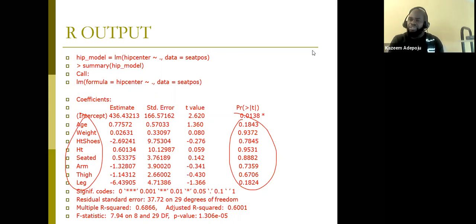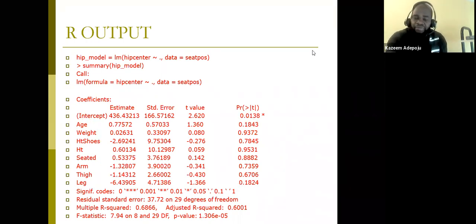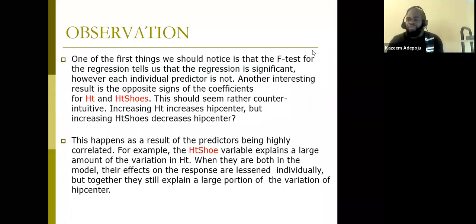We actually need to investigate because when multicollinearity is present, a variable that's supposed to be significant will not be significant. And not only that, it's going to switch the signs, because there's something I'm seeing right now. That is why I put my observation like this. I said, one of the first things we should notice is that the F test for the regression tells us the regression is significant.